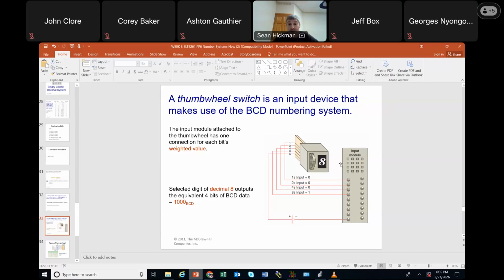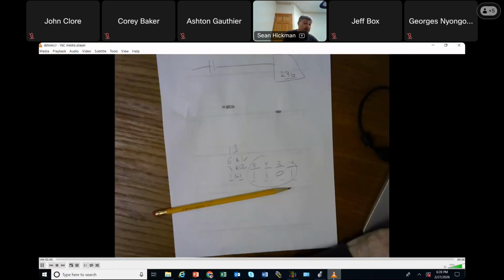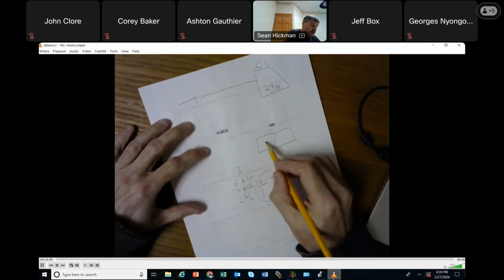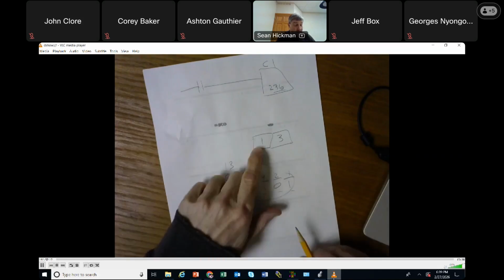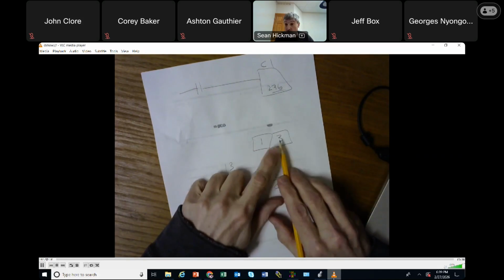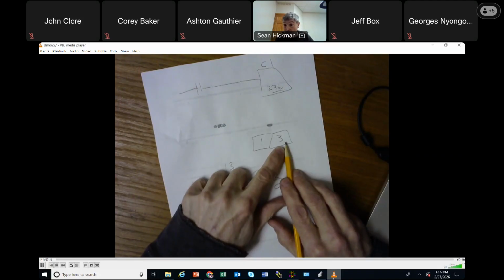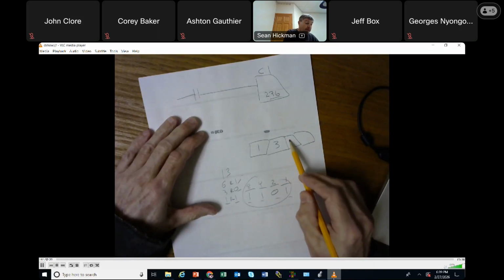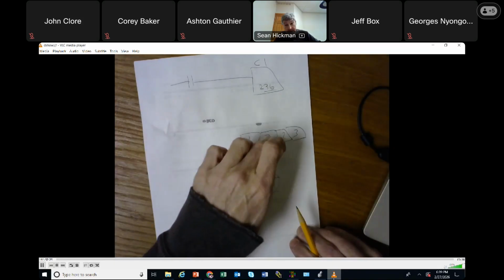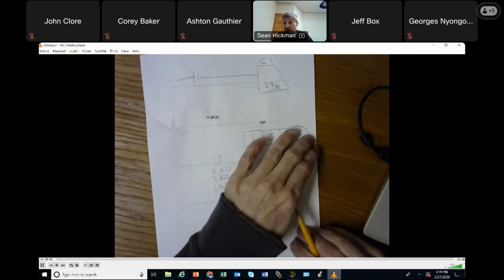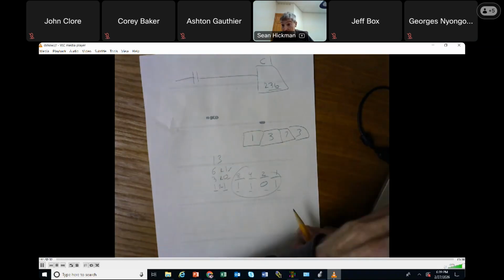If you have a 2-display thumb wheel, this would go into 4 of the inputs, and this would go into the next 4 inputs. But our thumb wheel has 4 displays, and it's binary coded decimal, so 4, 4, 4, 4 run into the 16 inputs.